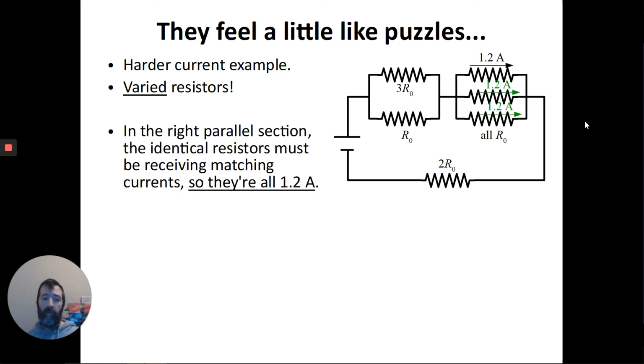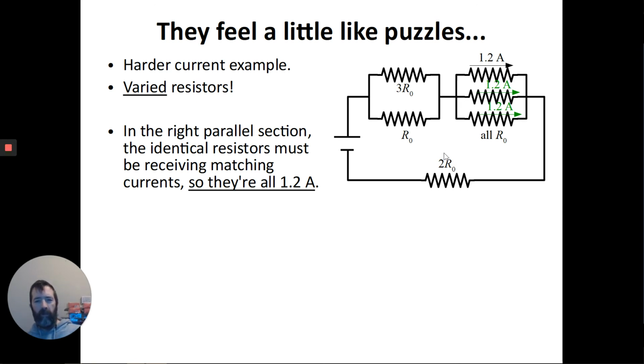Since those 3 pathways are equally difficult for the current to flow through, it's going to split equally among them. So they're all 1.2 amps. All right, so when those 3 currents come back together again at this junction here and flow around, they combine to make 3.6 amps.